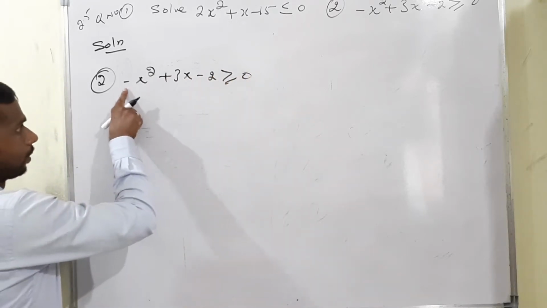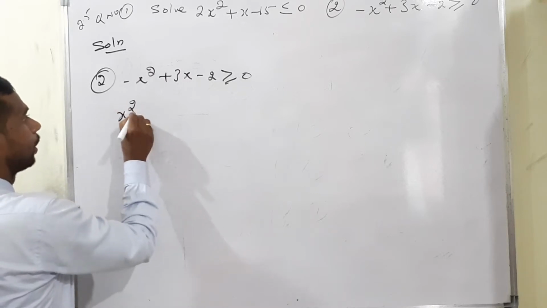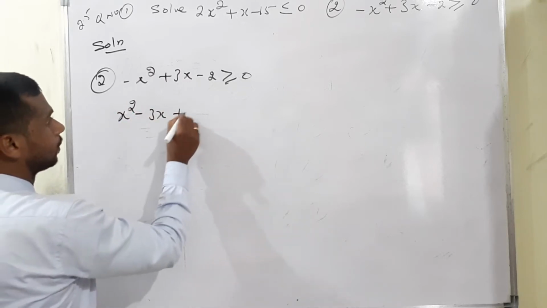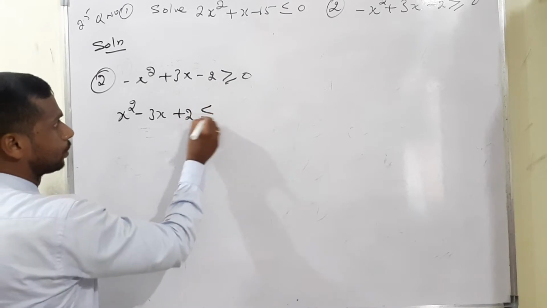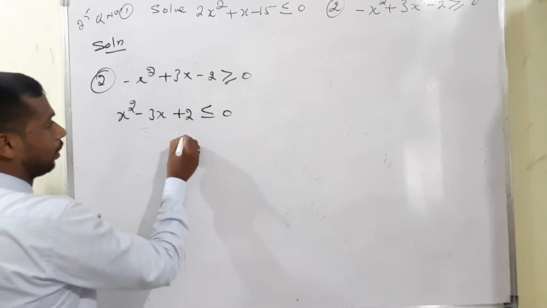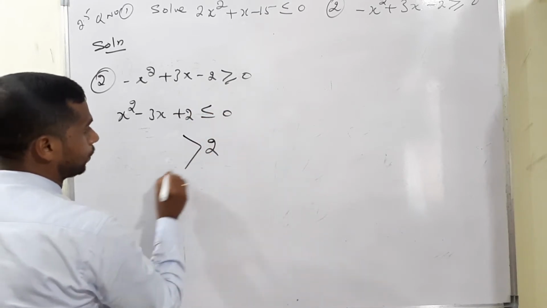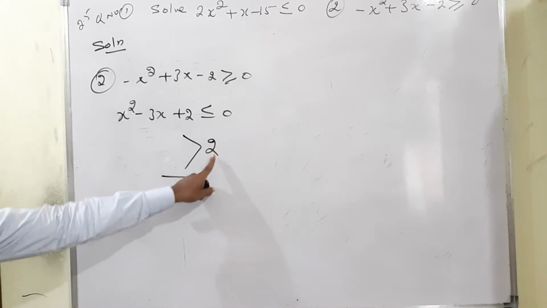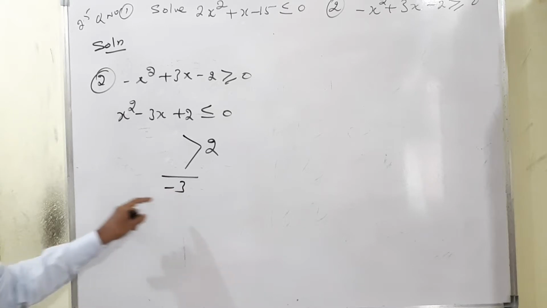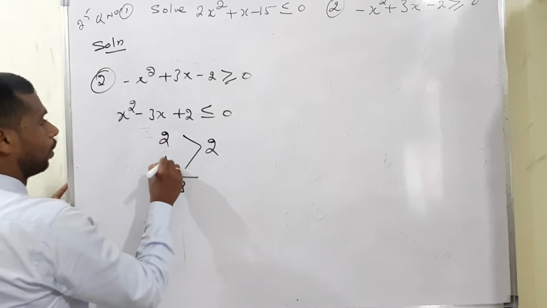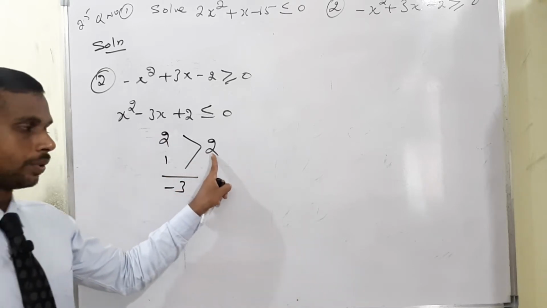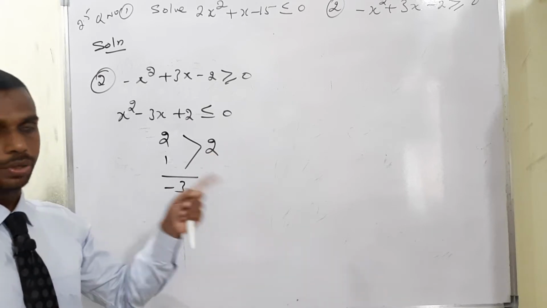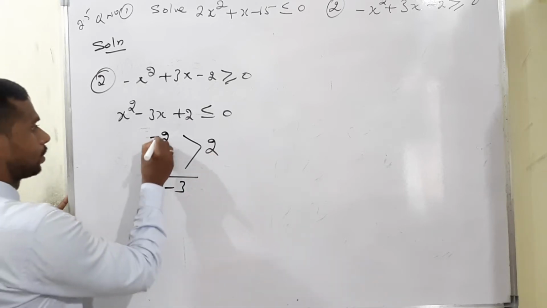Starting with a negative sign, to convert to positive we get x² minus 3x plus 2, and the inequality symbol also changes to less than or equal to 0. Now sum-product rule. Product means positive 2, sum means negative 3. So 2 and 1, isn't it? But actually the product positive sign means select the same sign, whether positive or negative, and the sum negative sign means both are minus.